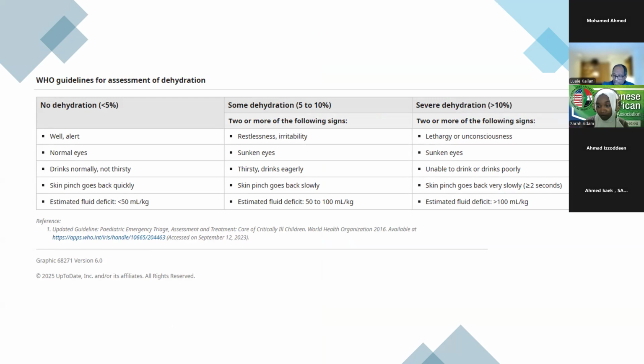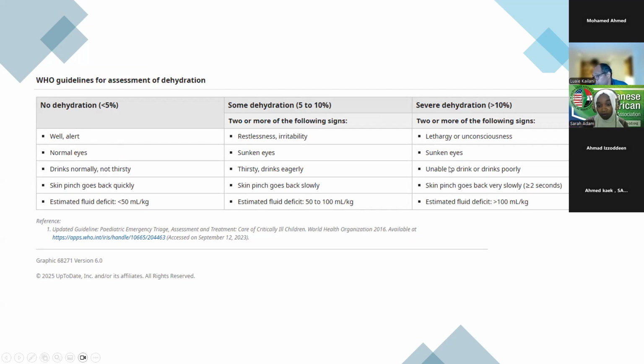And for the dehydration, it's important to define from the beginning if there is no dehydration, some dehydration, which is anywhere between 5 to 10% loss in the weight, and then severe dehydration, more than 10%. This is no dehydration, then the description is clear.